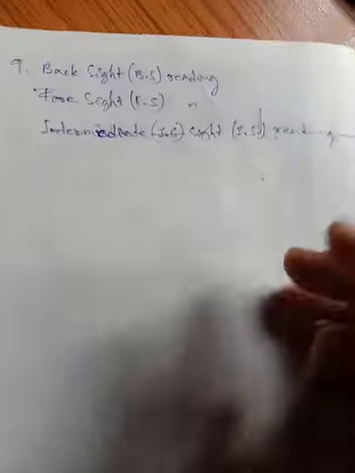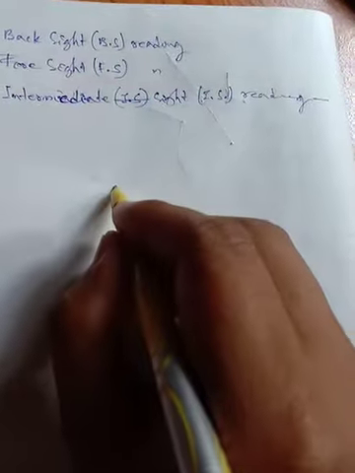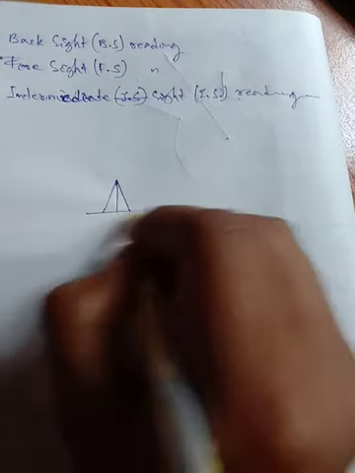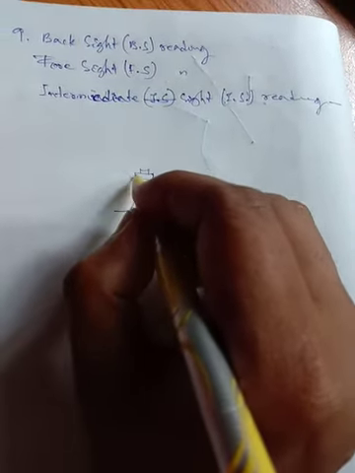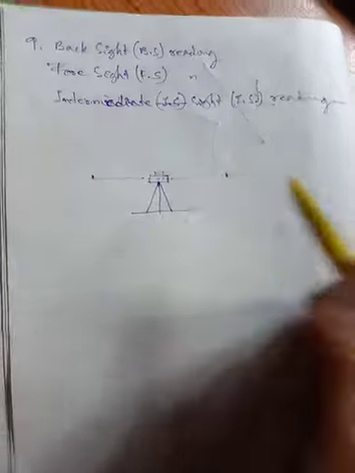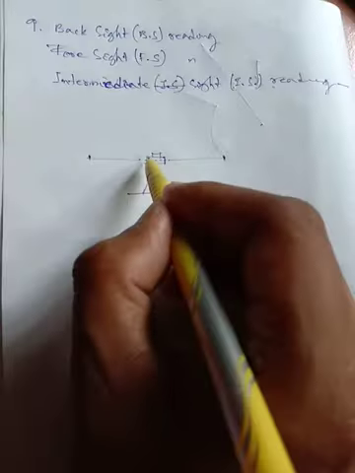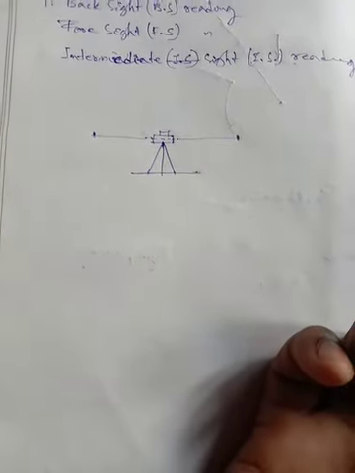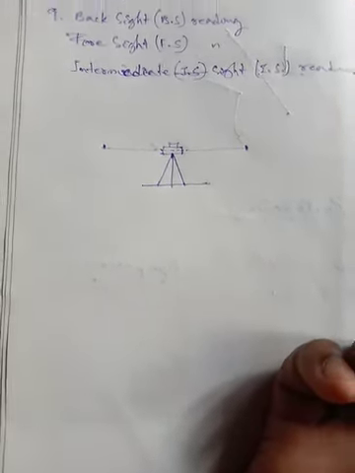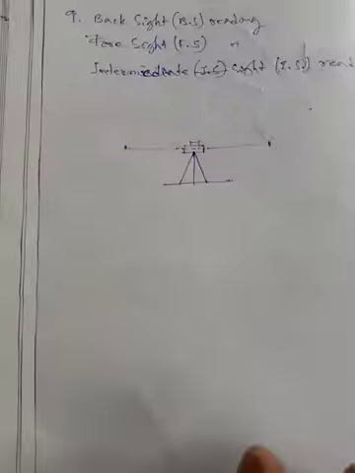What are they? In leveling work, when the level device is installed here, you can have a reading on both sides. If one side is your backside, then the reading on the other side will be your foresight reading. Now the question is which side will be your backside reading and which side will be your foresight reading.